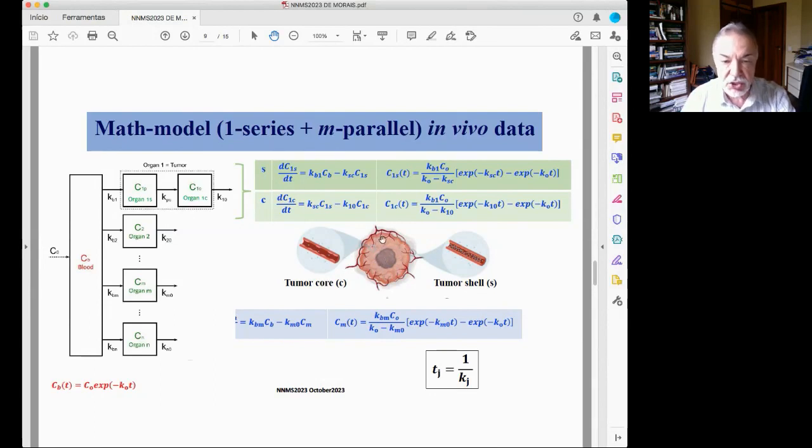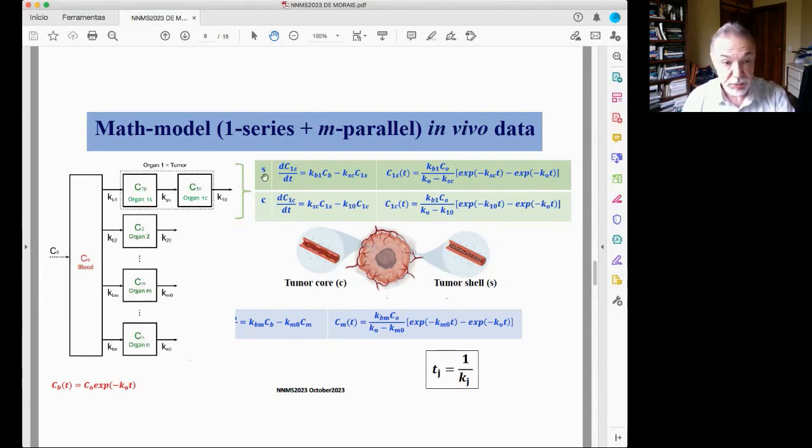So these shell and core work in series. At the same time, we want to track the destination, the fate of the material in two extra organs. We chose the lung and the liver to analyze our data.